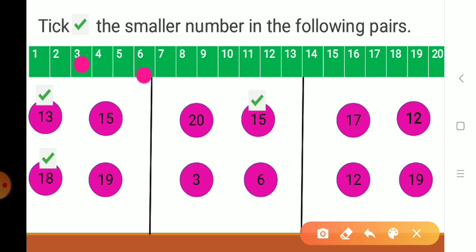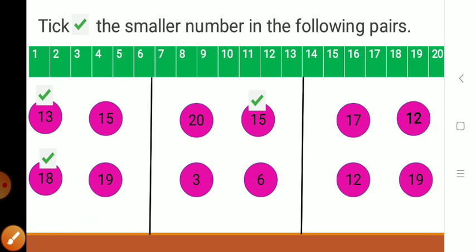Which number comes before? 3 comes before the 6, so 3 is the smaller number. You have to tick the number 3. Do you understand how to find the smaller number? The number that comes before on the number strip is smaller than that number.